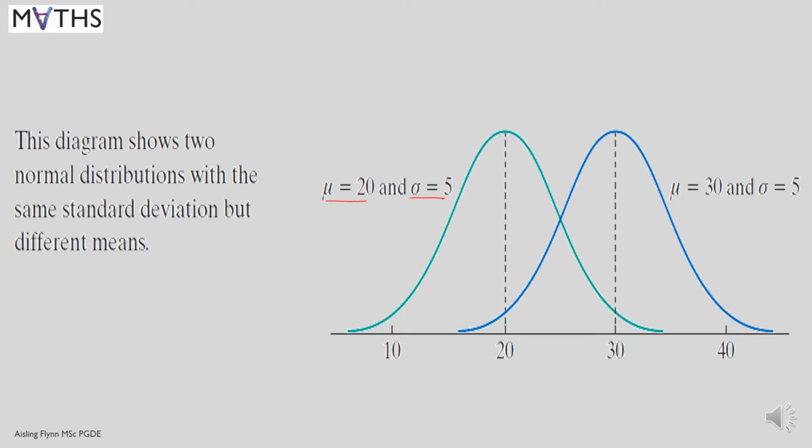The blue curve has a different mean. It has a center of 30, and its peak occurs right above 30, but its standard deviation is 5, so width-wise it looks the same as the green one. It is just shifted up the axis a bit. So both are normal distributions.